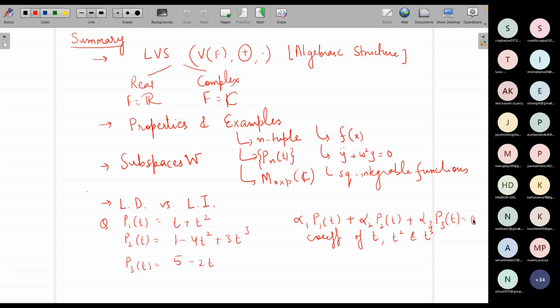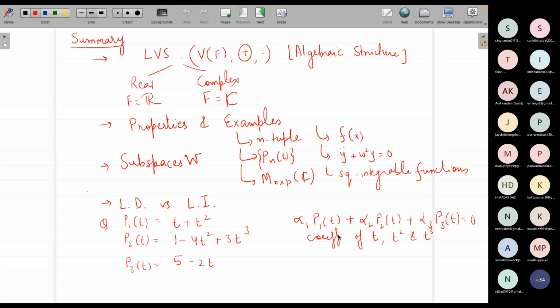Please understand that the right hand side, when I am equating it to 0, is still a null vector of the polynomial space. So it will also have 0 plus 0t plus 0t square plus 0t cube, and so on. Then you equate the coefficients of t, t square and t cube and figure out if alpha 1, alpha 2 and alpha 3 are all identically 0 or one or two of those are not equal to 0. So what did you find?